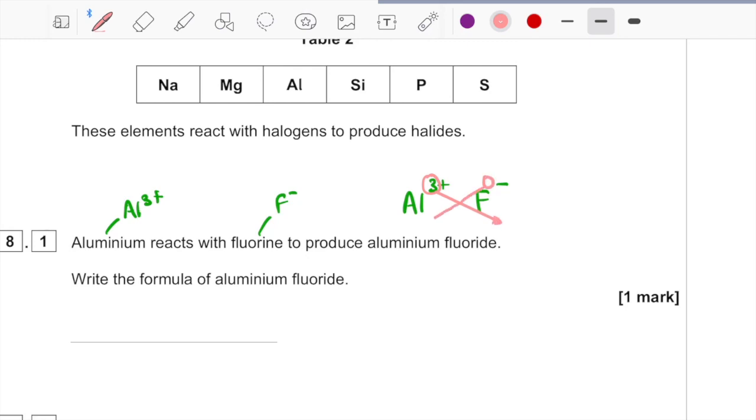If they're the same, you just put one of each. Okay, so we are going to get Al, and then there's no number after it. And then F3. So we're only focusing on the value of the charge. And if it's 1, we're not putting anything.